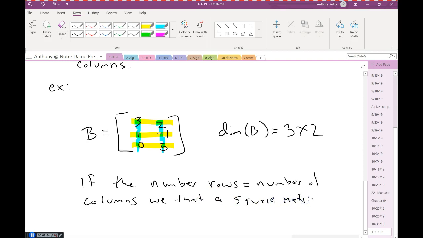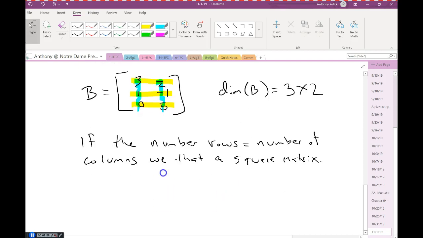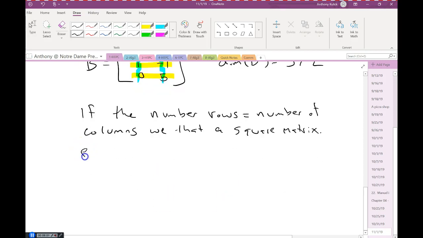And square matrices are going to be important a bit later on, probably not today, but next week.